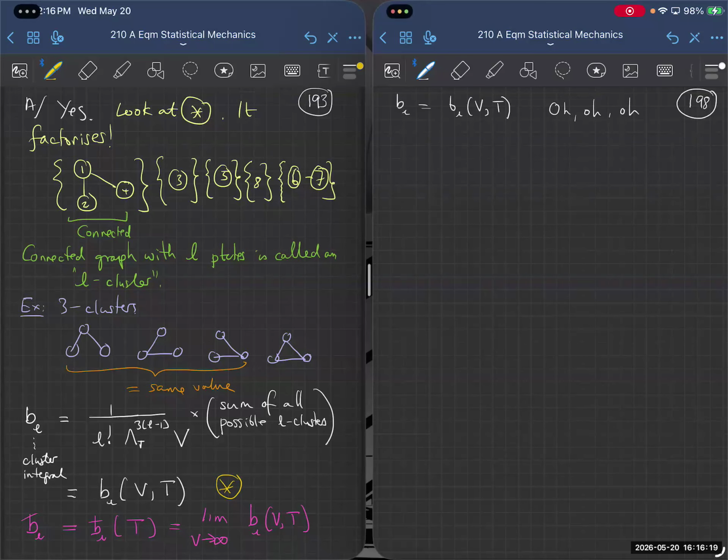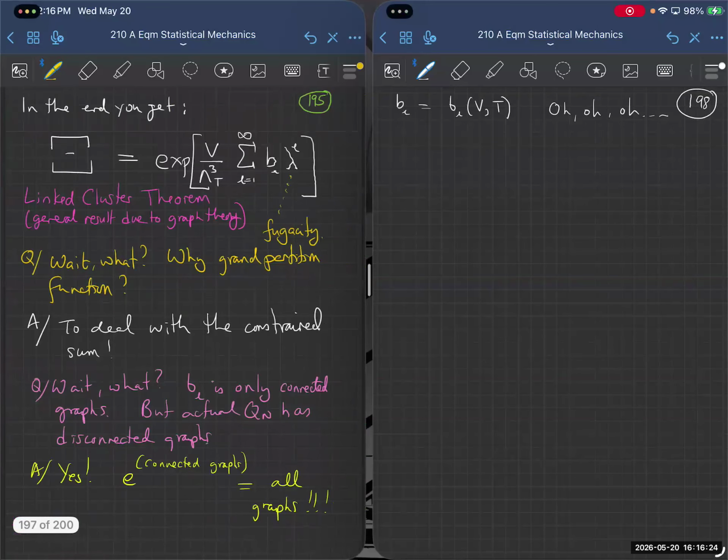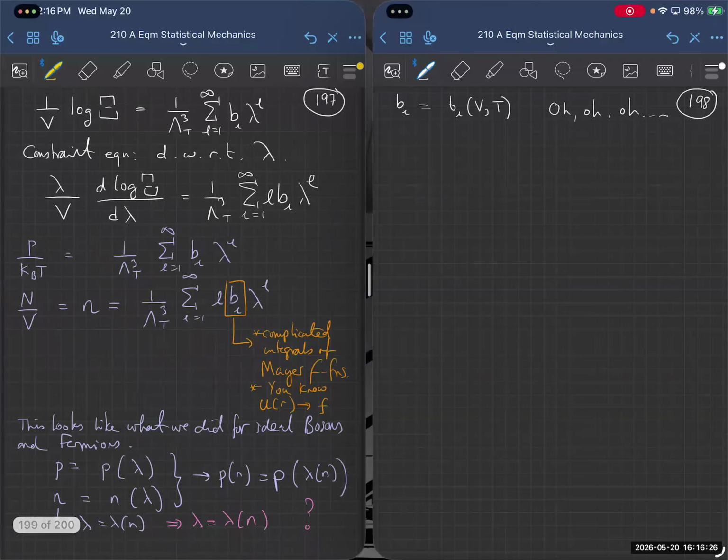then we run into a problem, because what we want is to say that lambda is equal to lambda of n, and then eliminate it, but it's not true, because actually lambda is a function of n, but also of v.